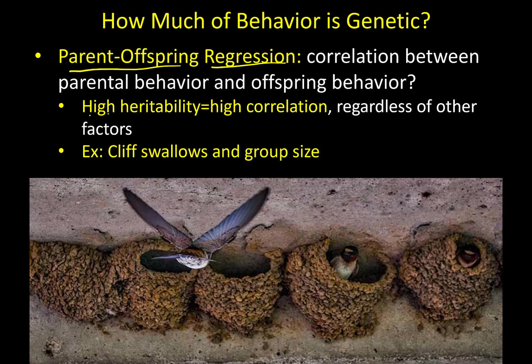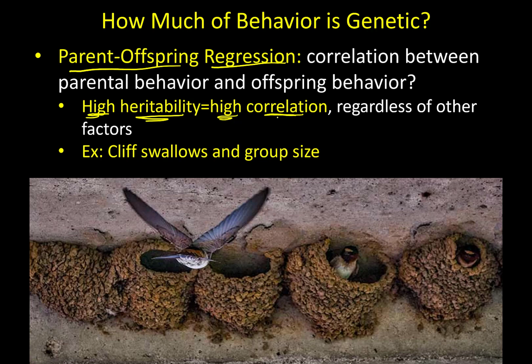If there's high heritability for a certain behavior, you'll get a high correlation, regardless of what other factors are present, regardless of environment, regardless of learning. If genetics are the primary dictator for a behavior, you're going to see a huge overlap between parental behavior and offspring behavior, even if the two live in totally different environments.